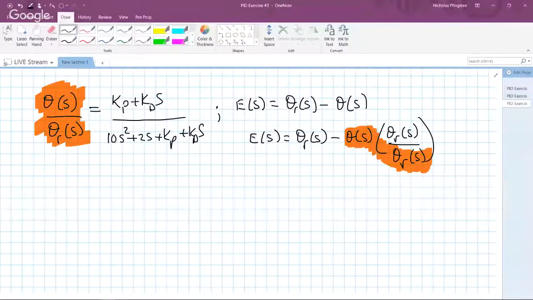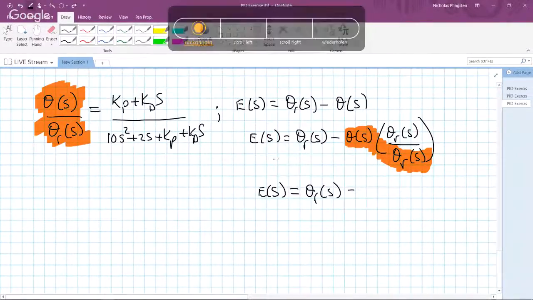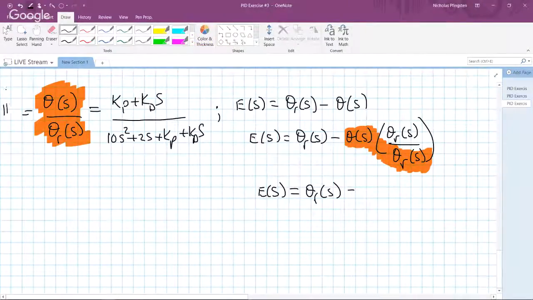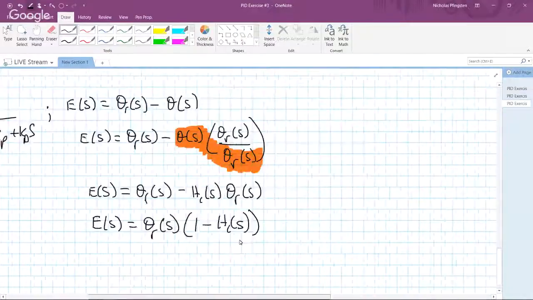So, seeing that they match, I can write this again as E of S equals theta sub R of S minus H sub C of S theta sub R of S. E of S now will equal, I can pull the theta sub R of S out, and we're left with 1 minus H sub C of S.